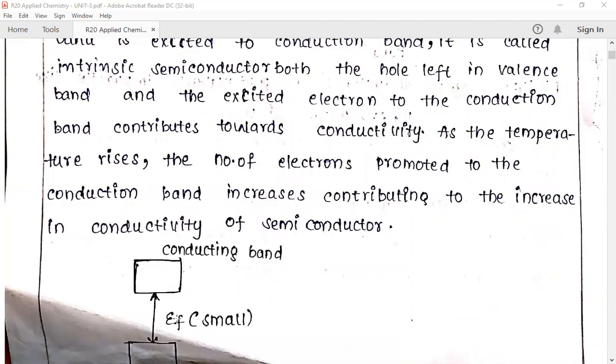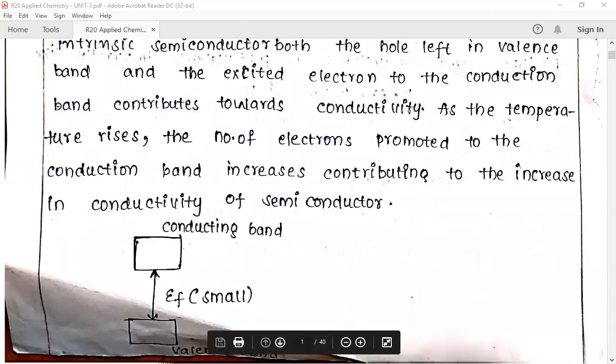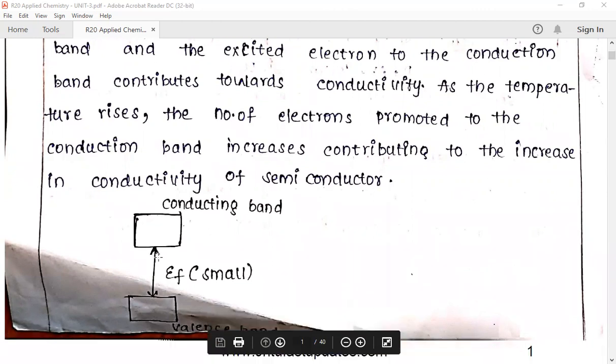Both the holes left in the valence band and the excited electrons in the conduction band contribute towards conductivity.